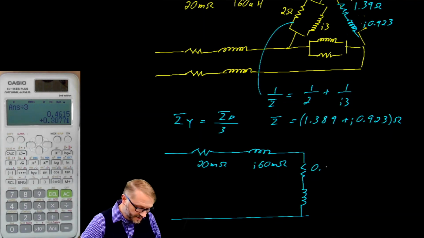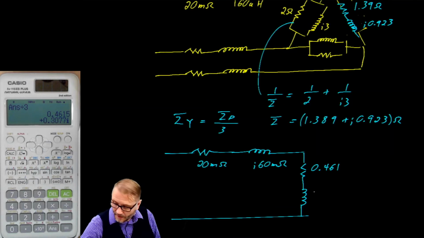So that resistor is 0.461 ohms, and the inductor is j 0.308 ohms.